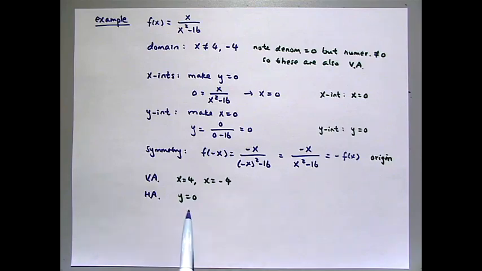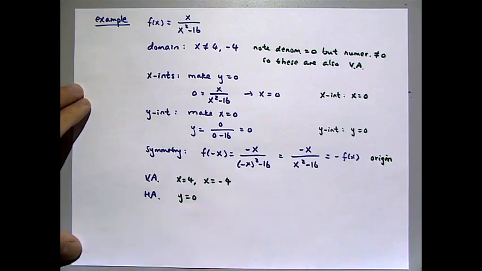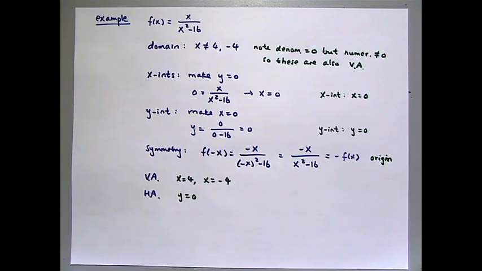Could it cross? It could cross. The graph is allowed to cross the horizontal asymptote, especially in the middle. This is the behavior when we go to infinities, right? It does not say anything about the middle part of the graph. So it is allowed to cross. That's a good point, actually. Let me write that down.